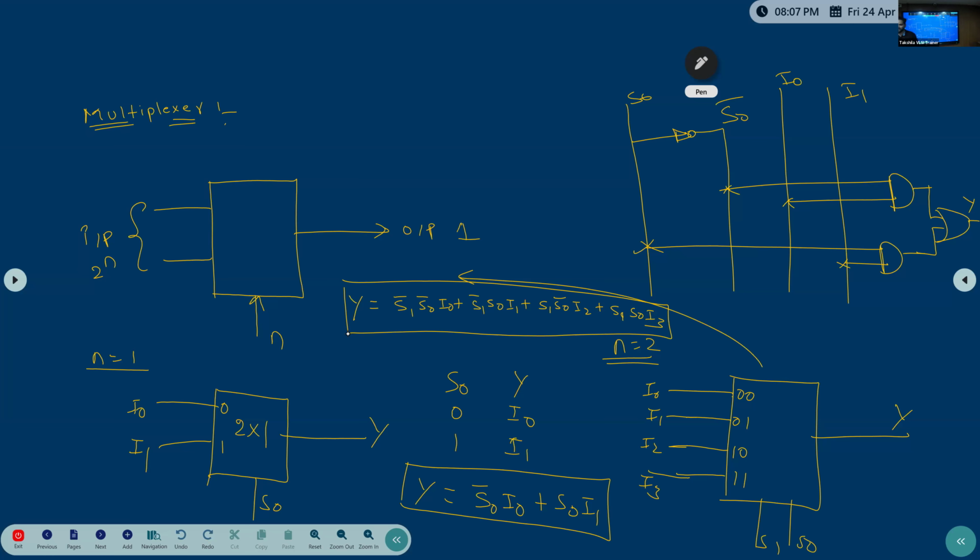But no one will ask this. They will ask, can you implement AND functionality using a mux? Now my question is, we already have an AND gate. Why do we need to implement AND functionality in a mux?